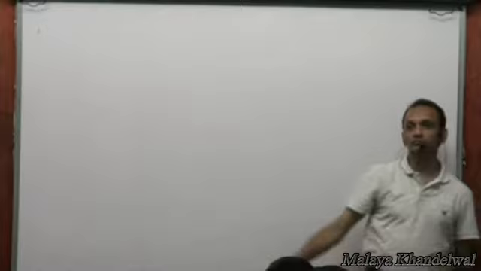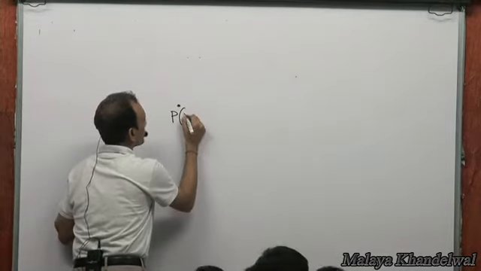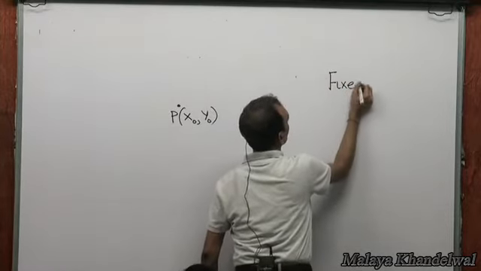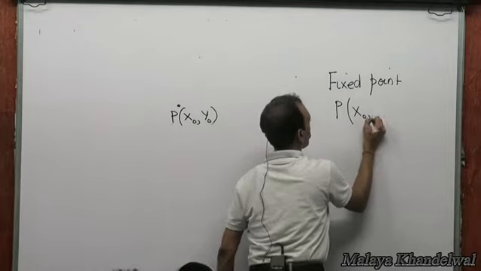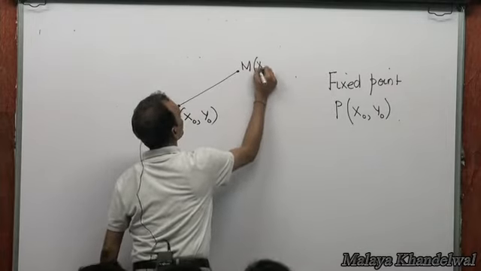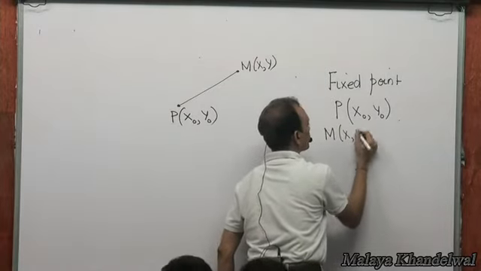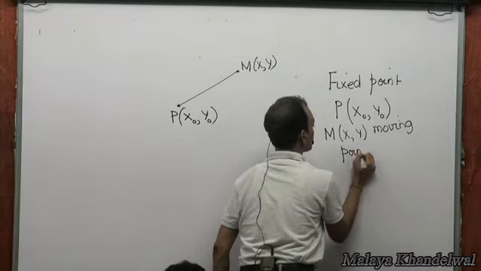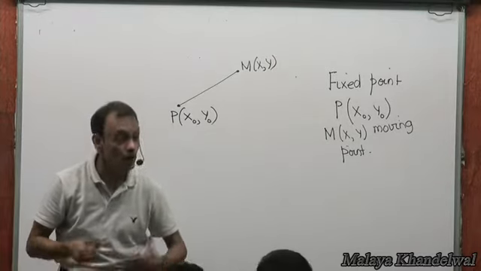Say there is a fixed point P, x naught comma y naught, and there is a moving point M. If a point moves, it subscribes to a set of conditions, one or more.